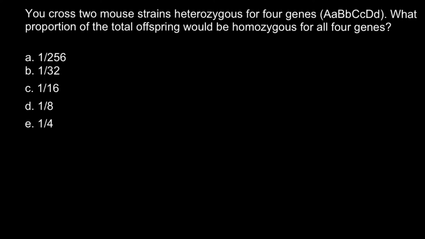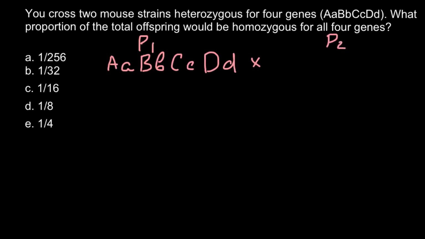So parent 1's genotype would be capital A small a, capital B small b, capital C small c, and capital D small d. And we are going to cross with parent 2, whose genotype is absolutely the same, so heterozygous for each allelic pair.